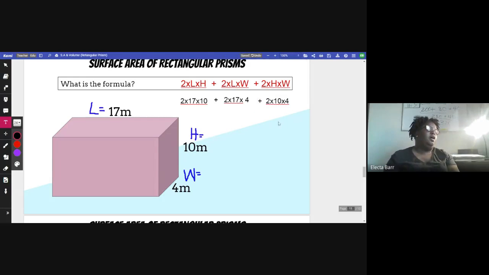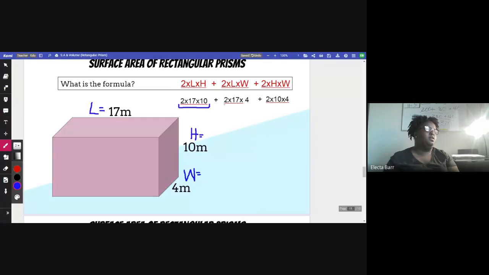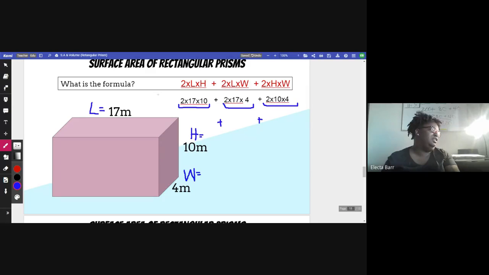My suggestion is that the easiest way to do this is to break it up piece by piece. So we solve this part, we solve this part, and we solve this part. Once you get all 3 of those values, you just add them together to get your answer. So if I do 2 times 10 times 17 in my calculator, I should get 340, correct?